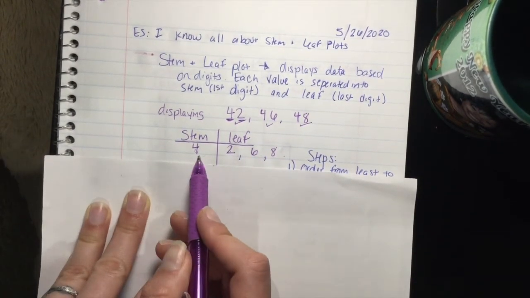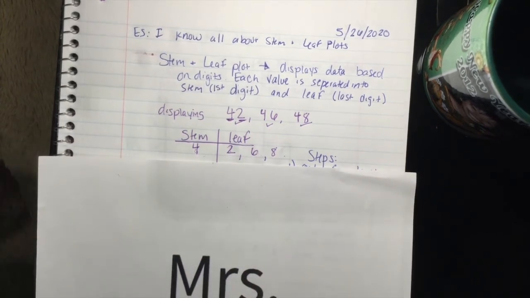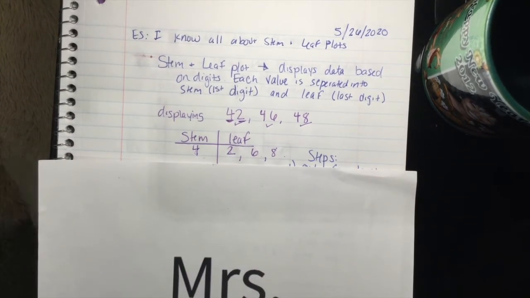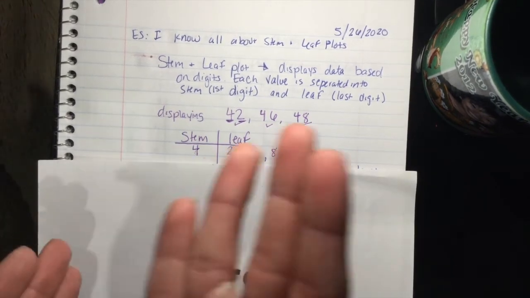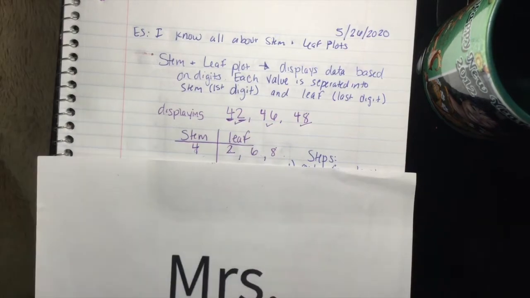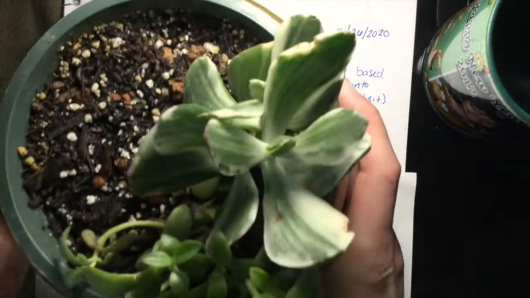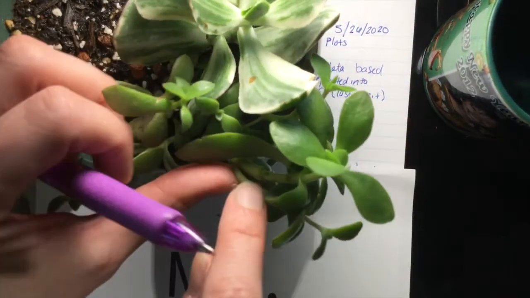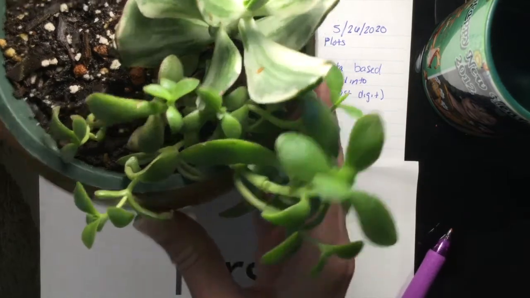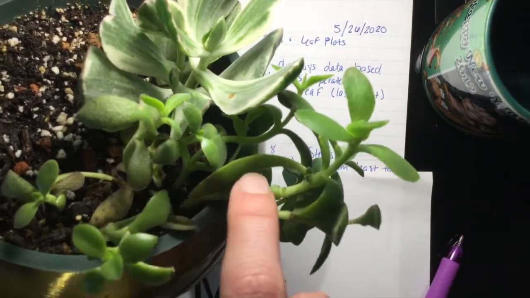Think of the stem as a plant. I love my plants. You've got one root, which is the stem, but you have multiple leaves coming off of it. Let's see if I can pull out this plant right here. You see this big stem right here, that would be the 40.